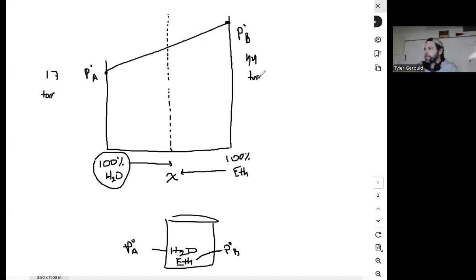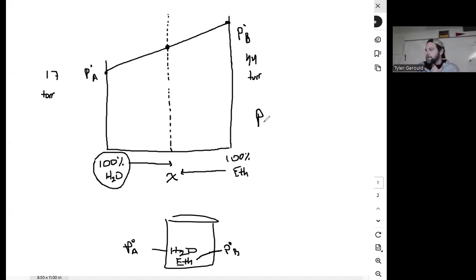And so if I were to make a 50-50 mixture, under ideal circumstances, the vapor pressure would be right in between, because that would be a mole fraction of 0.5 for water and 0.5 for ethanol. So I'd have their pure pressures, add them together, and I get some sort of total vapor pressure.